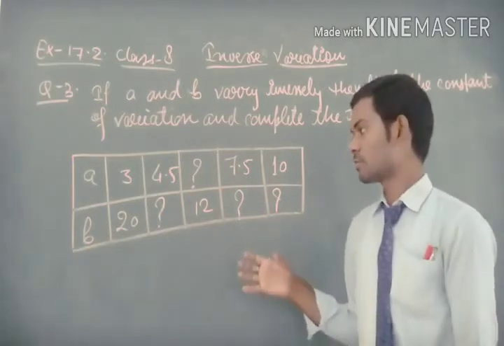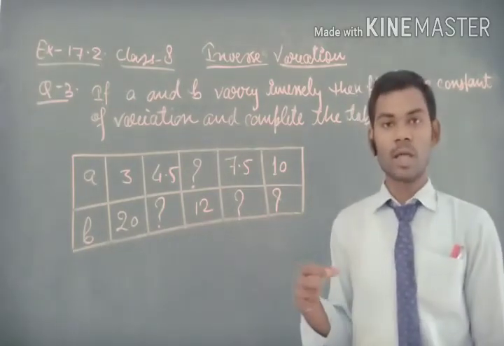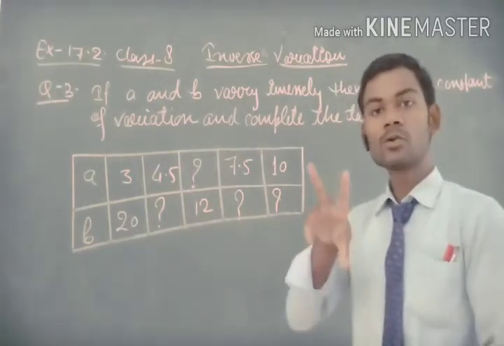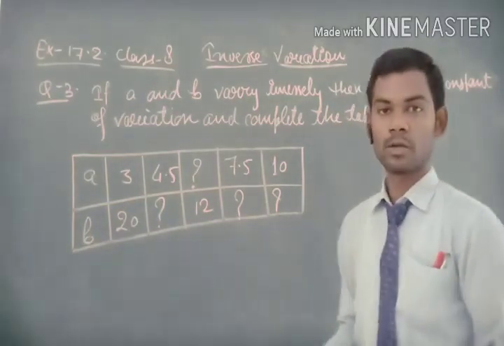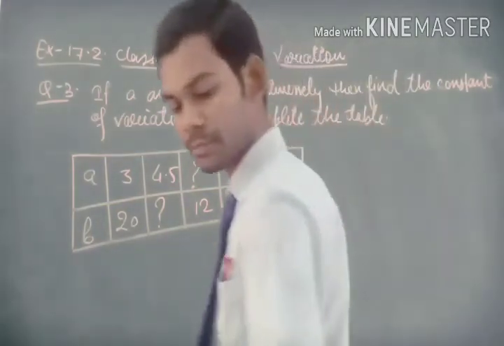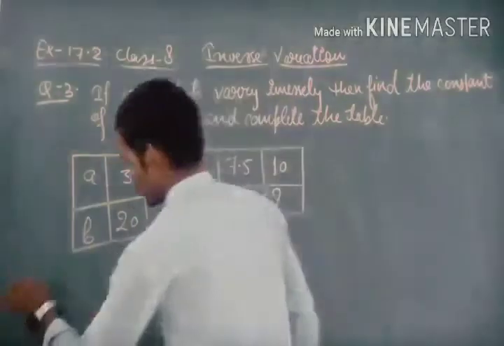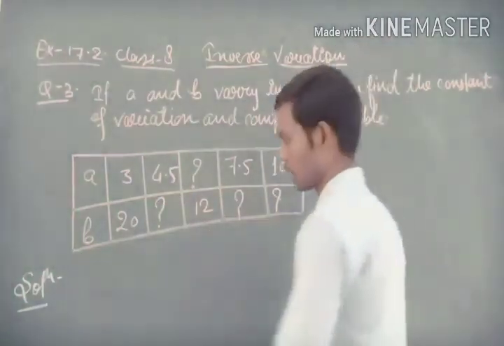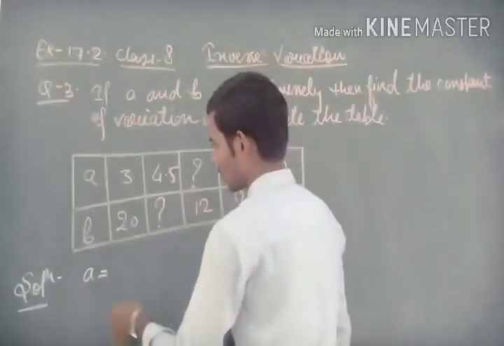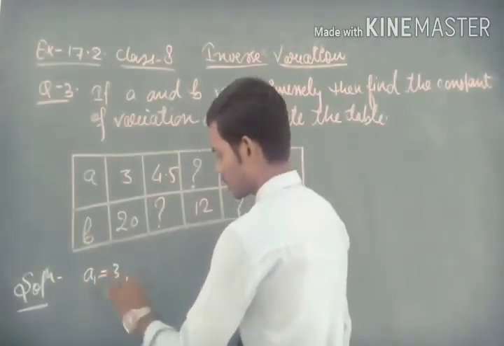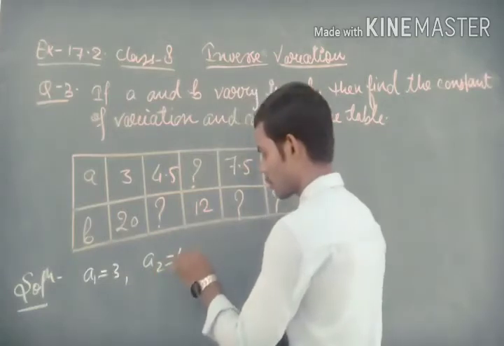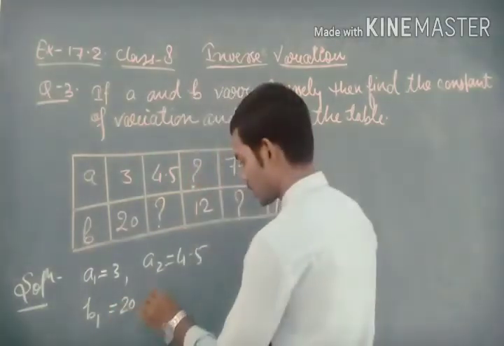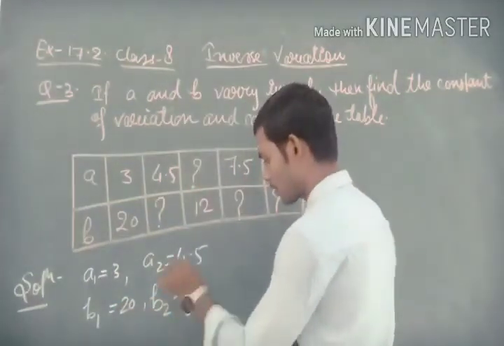Okay, so in order to solve this question, first of all we make another table taking two values of A and B. In the solution, we write A1 is equal to 3, A2 is equal to 4.5, B1 is equal to 20, and B2 we have to find.